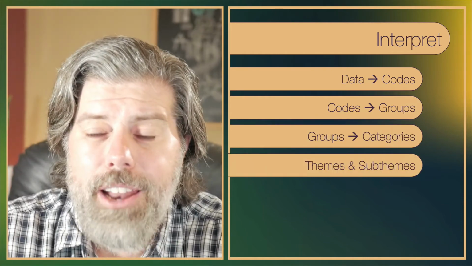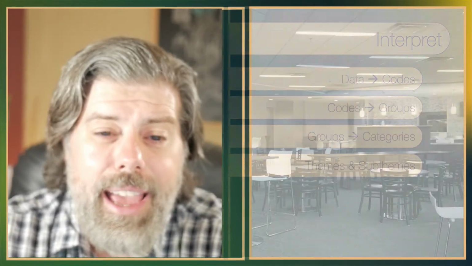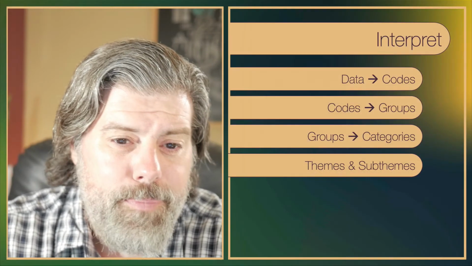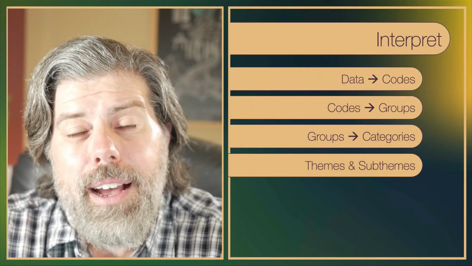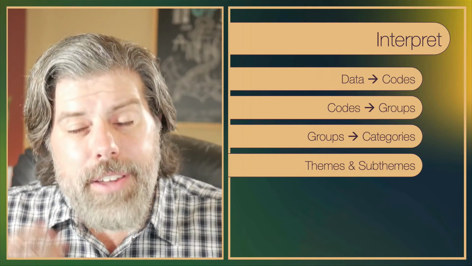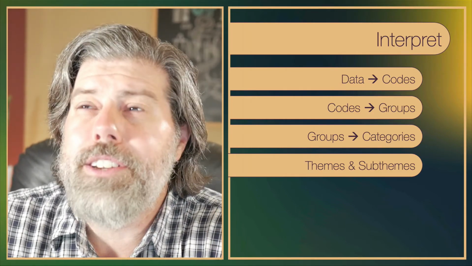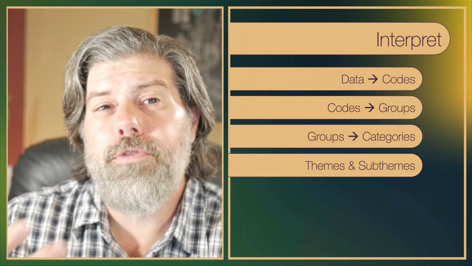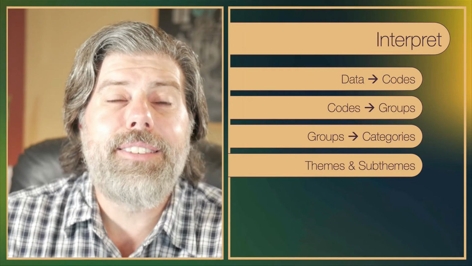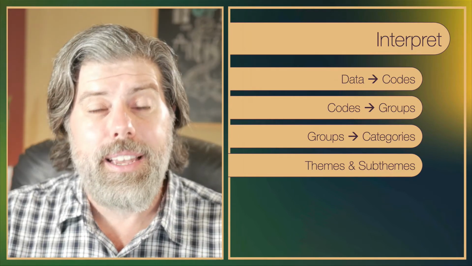And from my categories, I can then begin to identify the themes and the sub-themes of the data before me. Okay? So it's a living process, all right? It doesn't have so much a formula that you follow as it does an experience that you undertake.